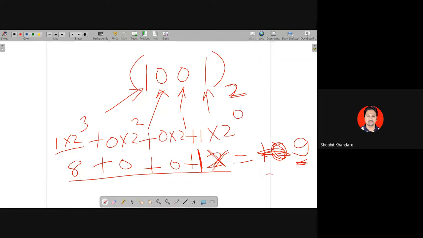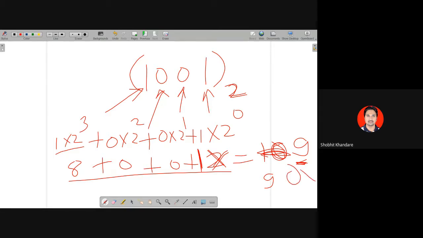Now when I'm talking about 9, the question arises whether this 9 represents an octal number, a hexadecimal number, or a decimal number. The first thing, it will not represent an octal number, because you know the symbols present in the octal number are from 0 to 7. So 9 doesn't fall in 0 to 7, so it is not part of the octal.